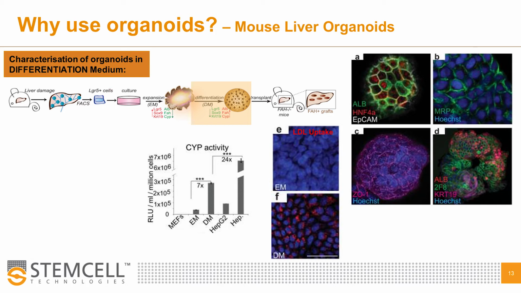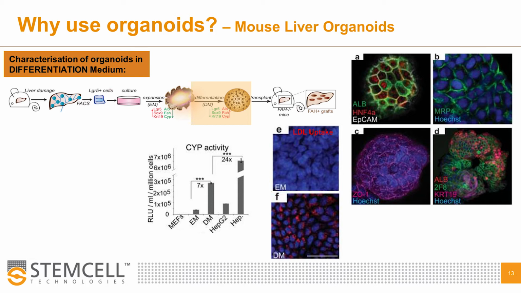You can see that there was a 7-fold increase in enzyme activity when transitioning organoids from the expansion to the differentiation medium, and significantly, this activity was higher than that seen in HepG2 cells. The activity of differentiated organoids was still 24-fold lower than what we would have anticipated in primary hepatocytes, but nonetheless, this represented a significant advantage over the commonly used cell line HepG2.